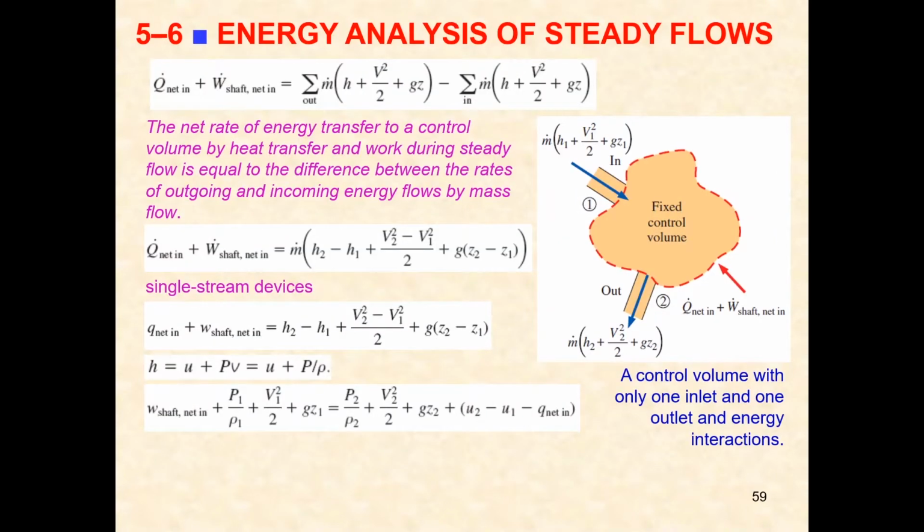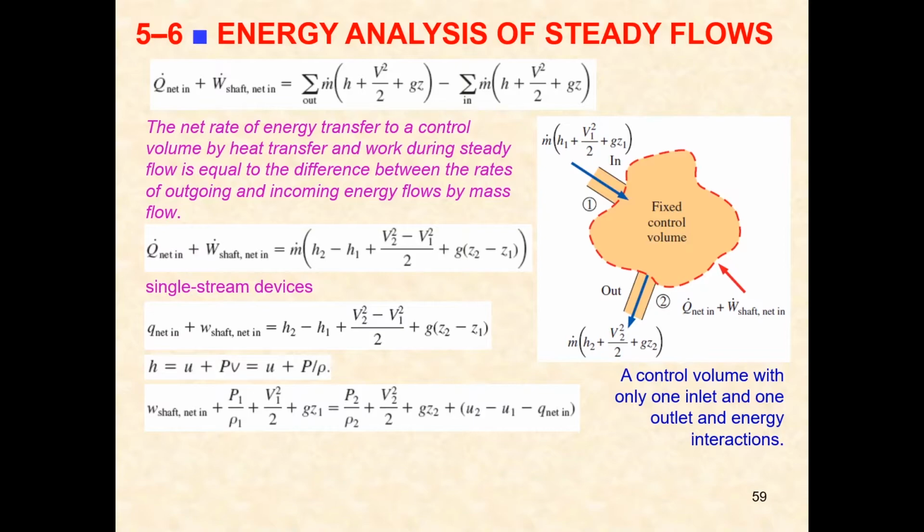In this subtopic, we will apply what we have learned to find the net rate of energy transfer to a control volume by heat and work during steady flow. If there is no heat and shaft work, we will actually get the energy conservation in the flow equation back.